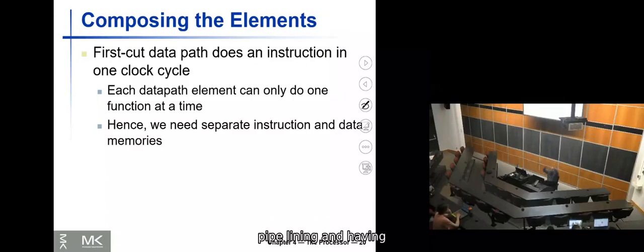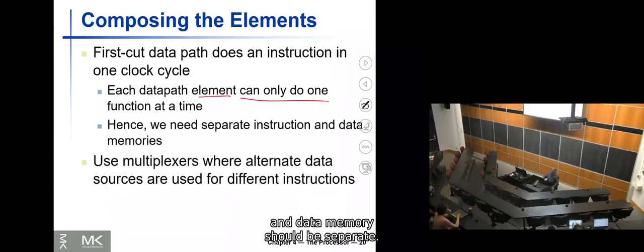Later, when we talk about pipelining and having them in different clock cycles, then that's okay. We could have one memory, and when we want to fetch, we get it from the memory. When we want to load or store, again, we use that memory. Each data path element can only do one function at a time, because it should be done in one clock cycle. Instruction and data memory should be separate.